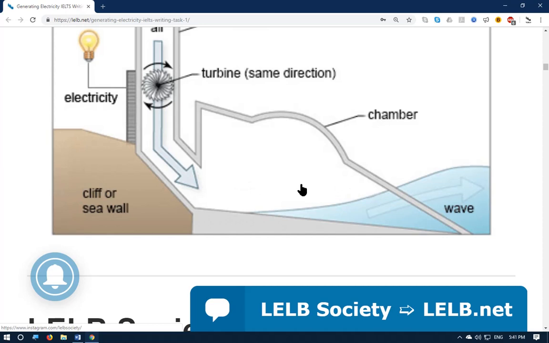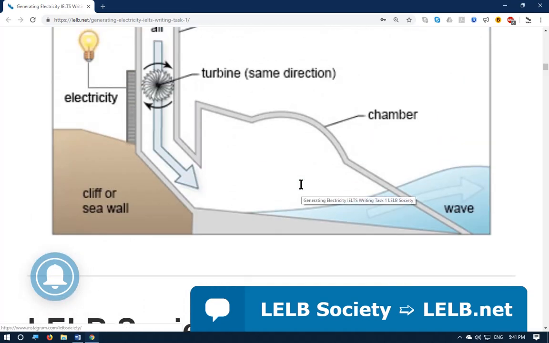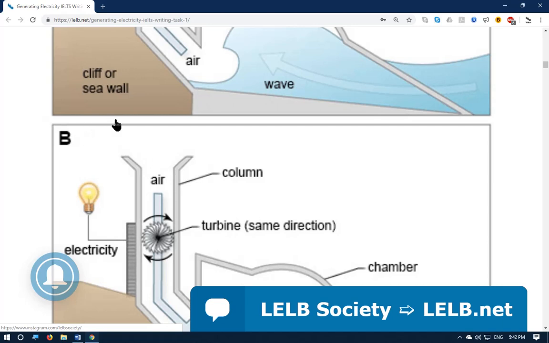So the two procedures or processes are intended to produce or generate electricity. Remember that the essayist or reporter has not focused on these detailed analyses, or the difference between diagram A and diagram B.